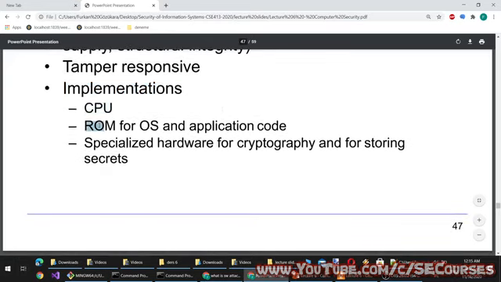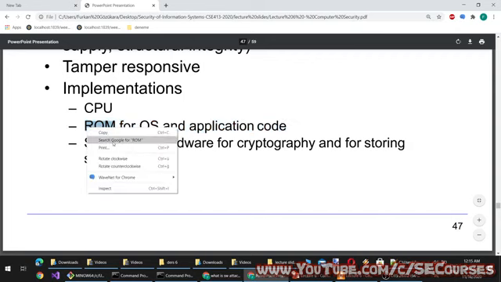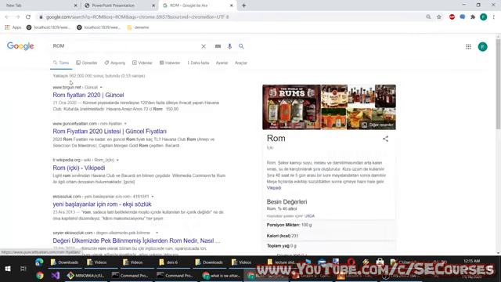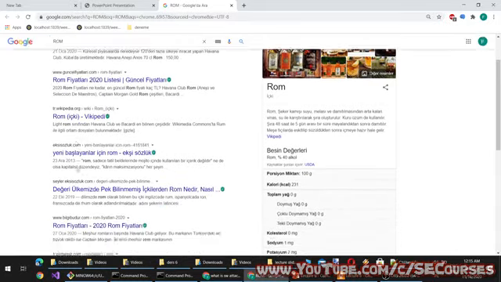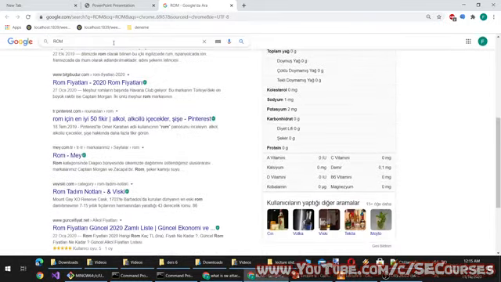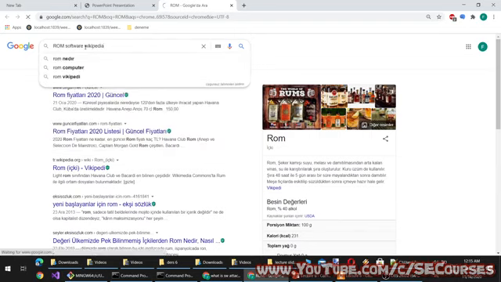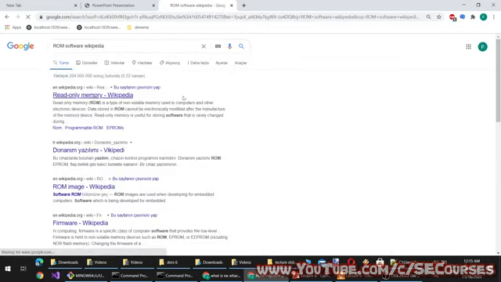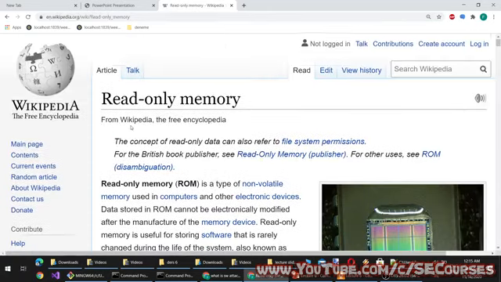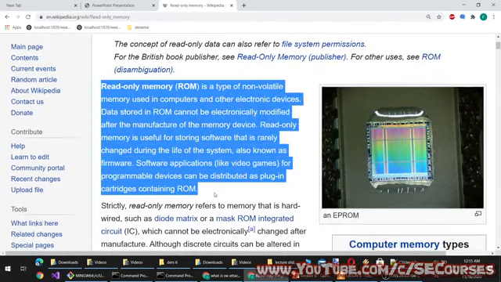Implementations: CPU, ROM for OS and application code. So what was ROM, if you don't remember? It is read-only memory, and let's read about it.